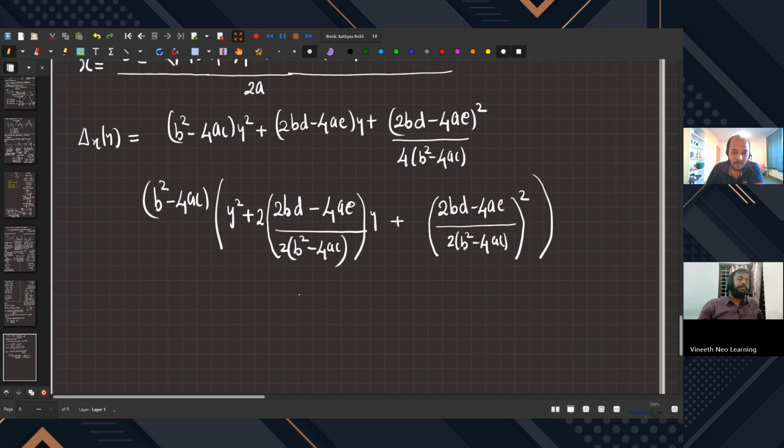So this will be minus b plus or minus b square minus 4ac times y square plus 2 times y times 2bd minus 4ae divided by 2 times b square minus 4ac, the whole squared.